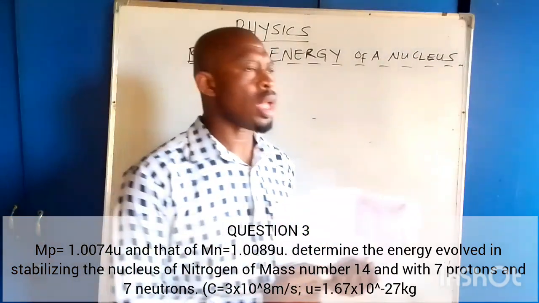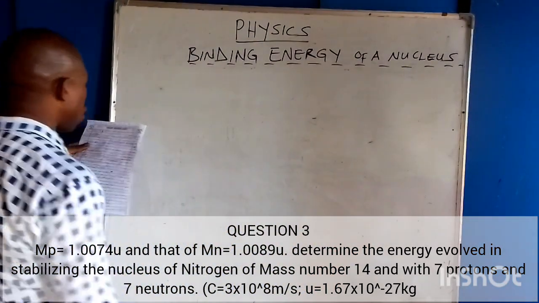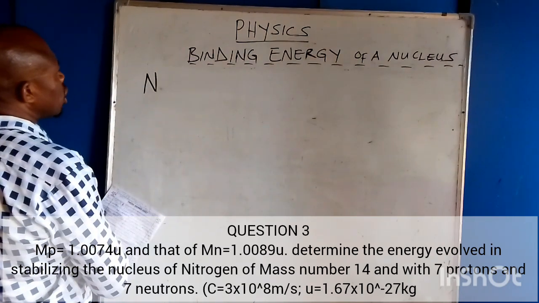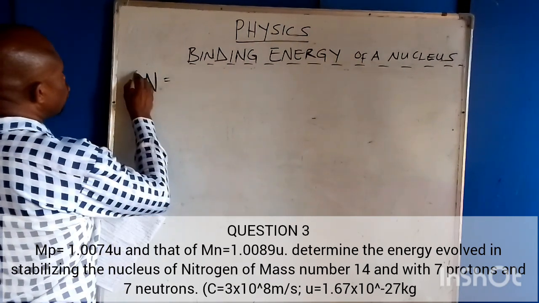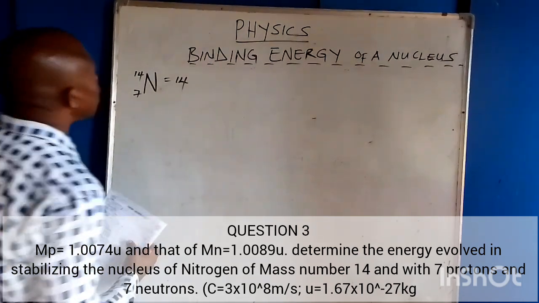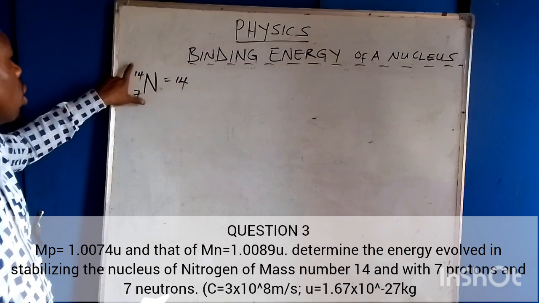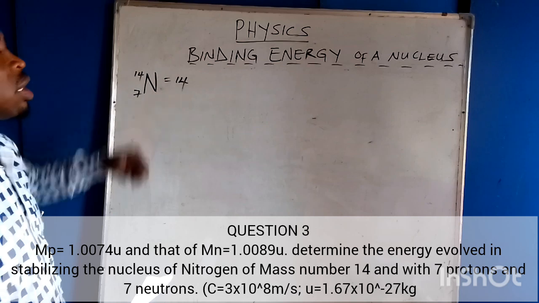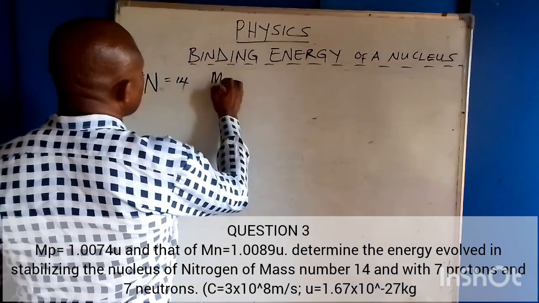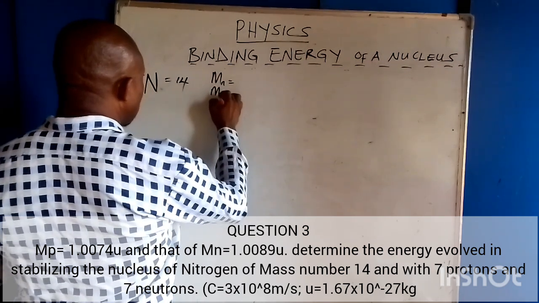So we take them one after the other. So we now have that here, it is nitrogen. Now they said this nitrogen 14, this here is 7. The mass number of this nitrogen is 14. Now we have that mass of neutron and mass of proton.